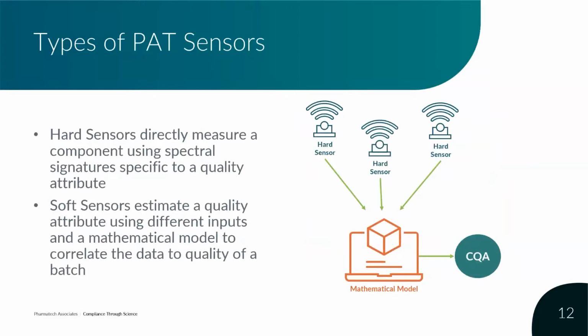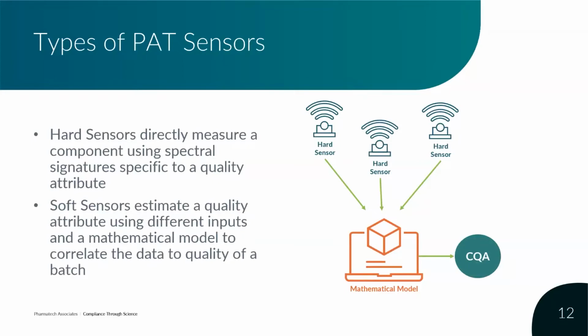So PAT sensors can broadly be categorized into two big areas. There are hard sensors and there are soft sensors. A good example of a hard sensor could be an FTIR or Raman probe for raw material identification.